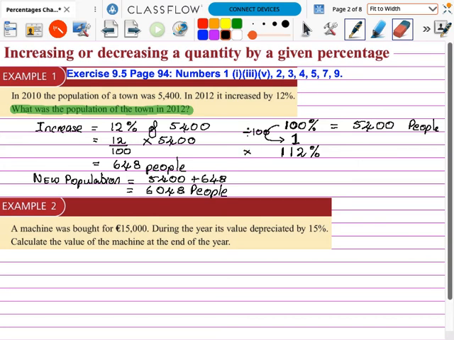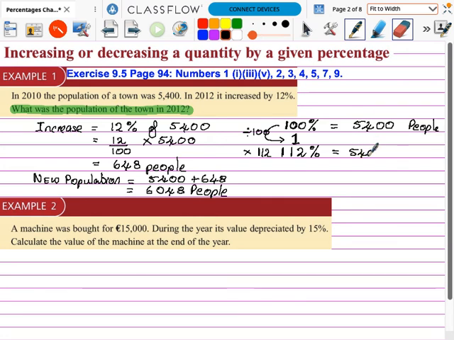A little bit of common sense here. If I've got one of them and I want to get 112 of them, what am I multiplying by? Multiplying by 112.